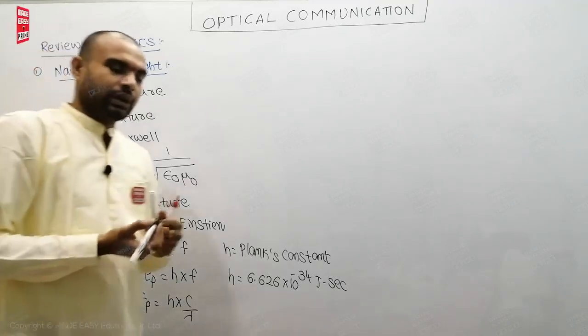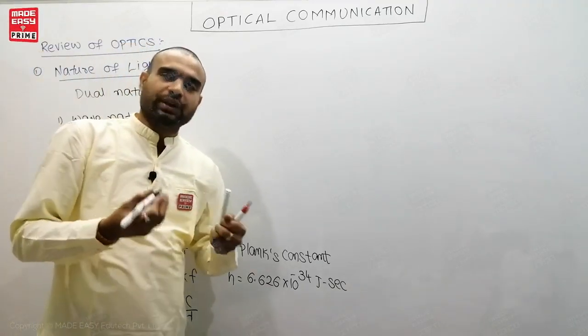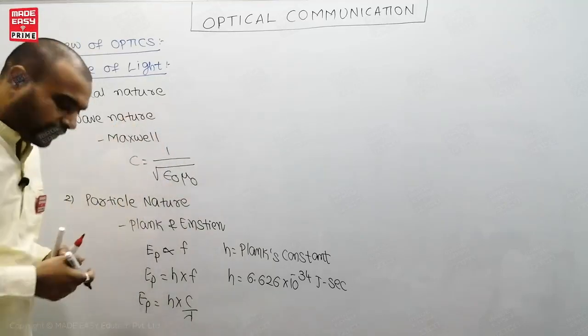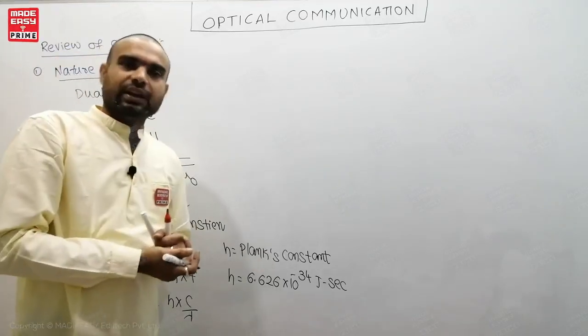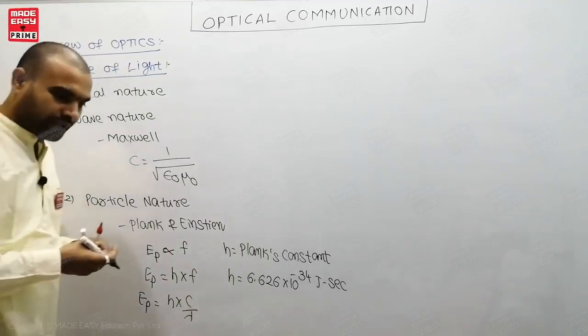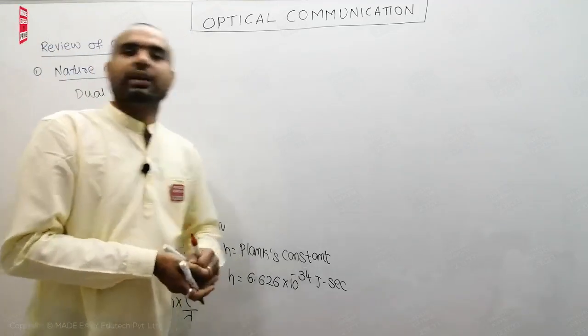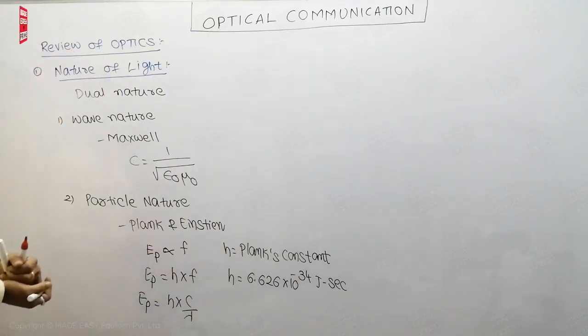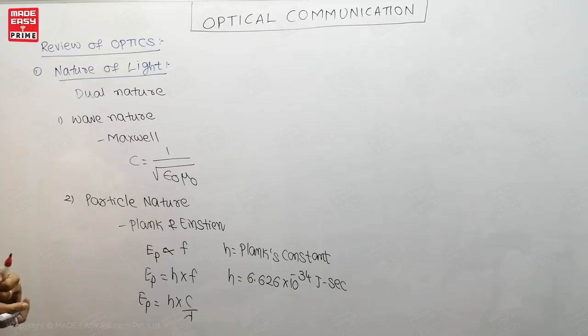Whenever the light is traveling from one point to another point, it satisfies the wave nature, and whenever the light is being generated, it satisfies the particle nature, where we study the photon. That's why we write E_p as the energy present in the photon.